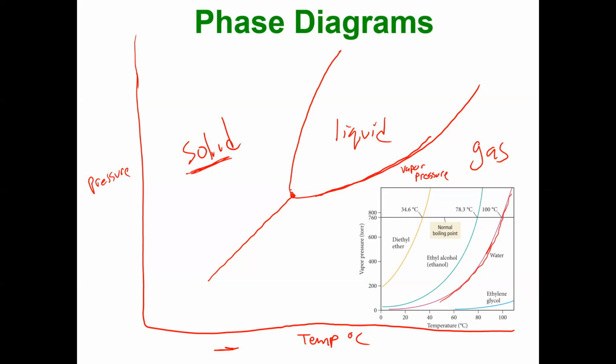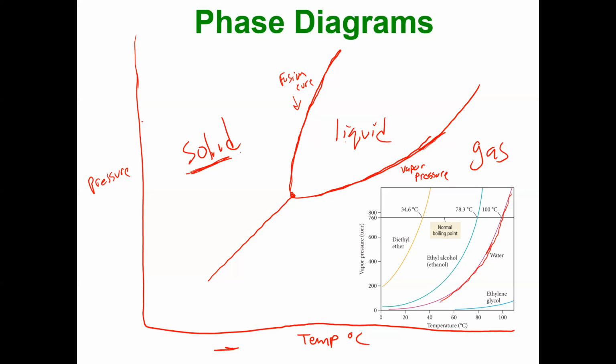Now, along this curve, we see it's between solid and liquid. So it's not the vapor pressure curve, because that's between a liquid and a gas, evaporation and condensation. But here I see melting and fusion. So this would be what my fusion curve is.